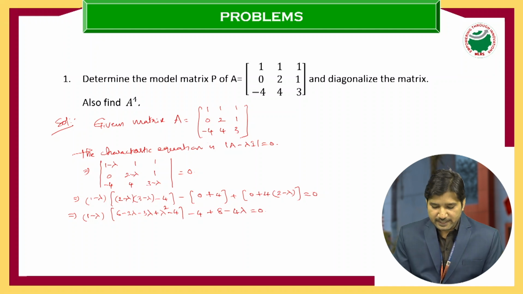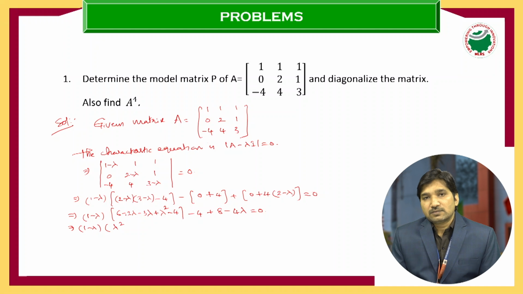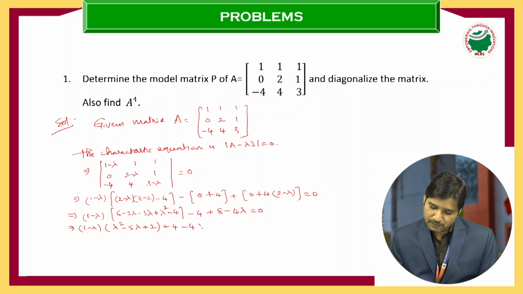Again simplification: 1 minus lambda into lambda square minus 2 lambda minus 3 lambda, minus 5 lambda, and 6 minus 4 is 2. And here minus 4 plus 8 is plus 4, minus 4 lambda equal to 0.